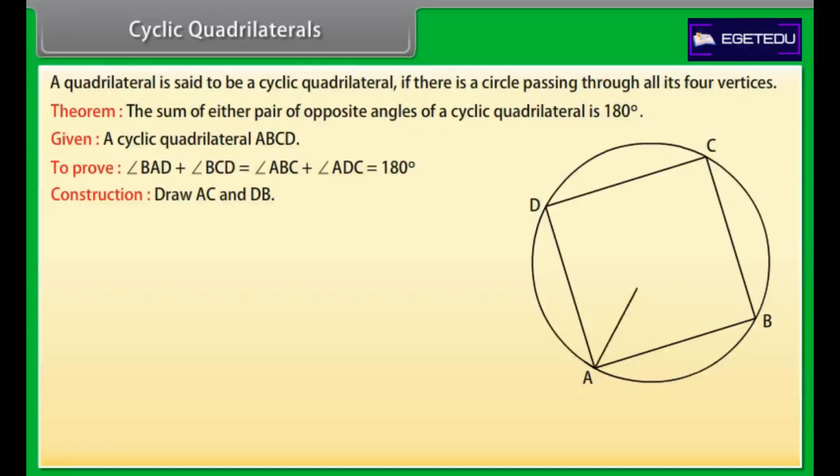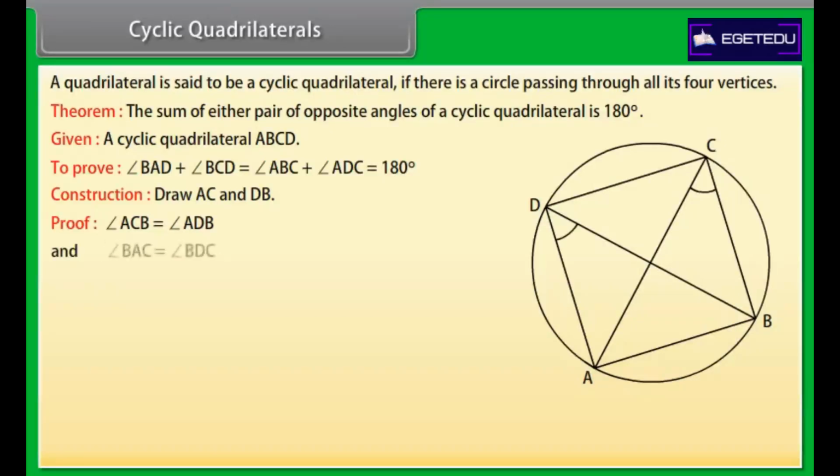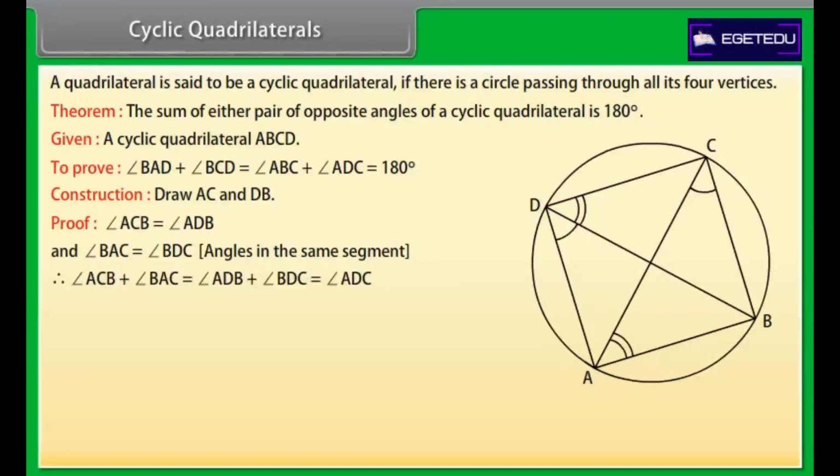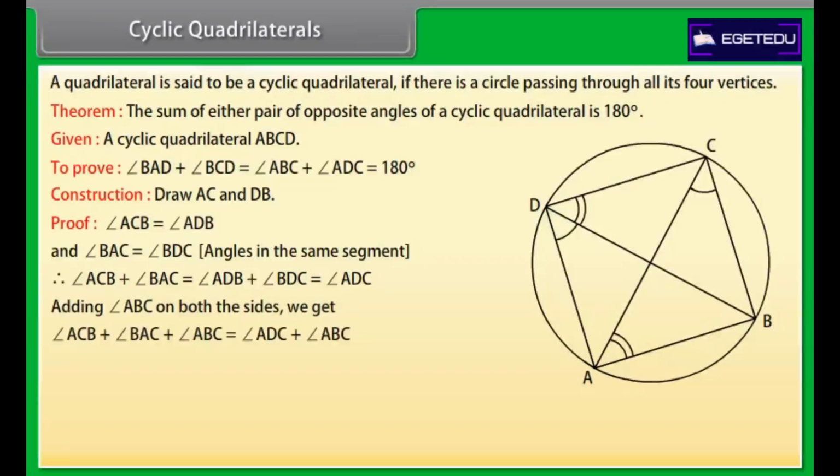Construction: Draw AC and DB. Proof: Angle ACB is equal to angle ADB and angle BAC is equal to angle BDC, because these are the angles in the same segment. Therefore, angle ACB plus angle BAC is equal to angle ADB plus angle BDC, which equals angle ADC. Adding angle ABC on both sides, we get angle ACB plus angle BAC plus angle ABC, which is equal to angle ADC plus angle ABC.